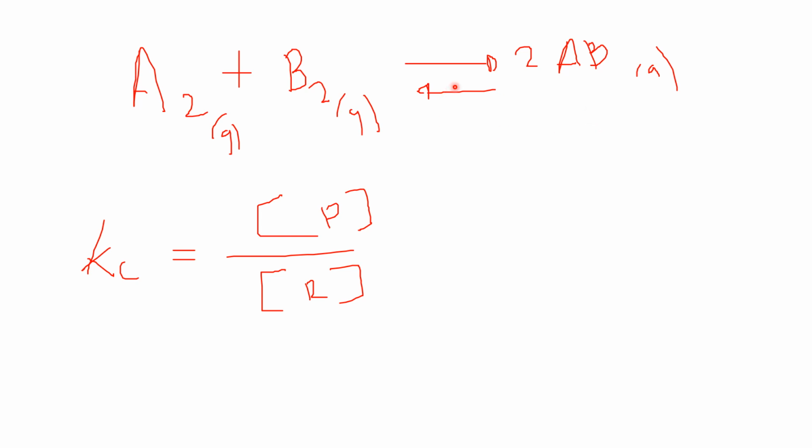Even though this equilibrium reaction shows that we have a forward and a reverse reaction, initially we had a forward reaction, which means our reactant is on the left and our product is on the right. So every time you will know that your products are on your right and your reactants are on your left.